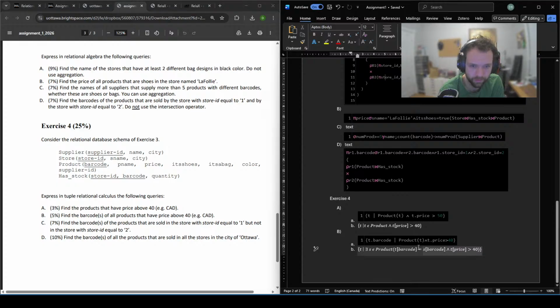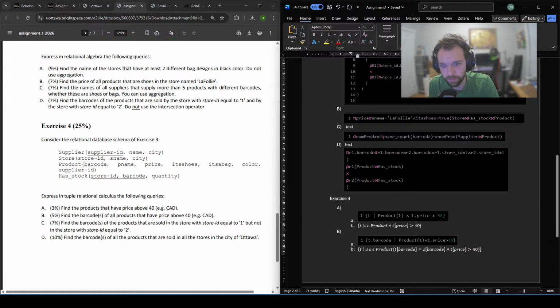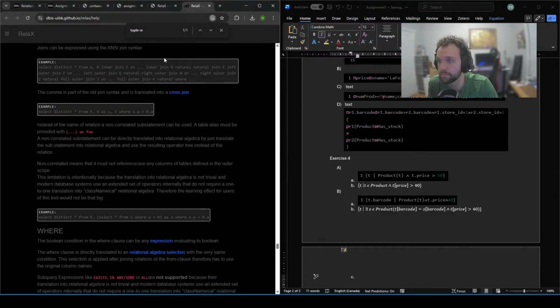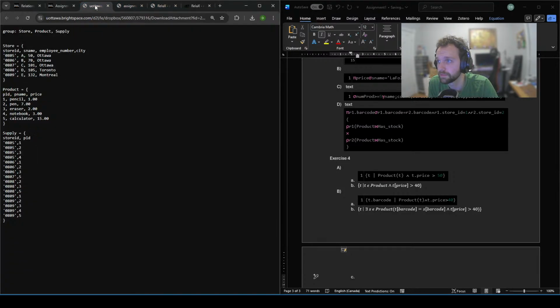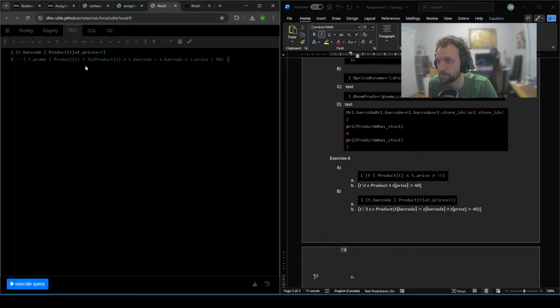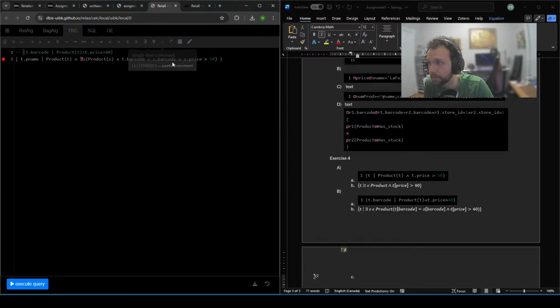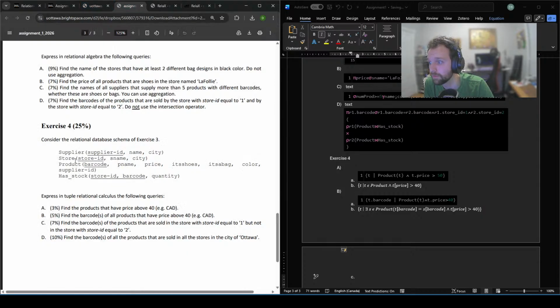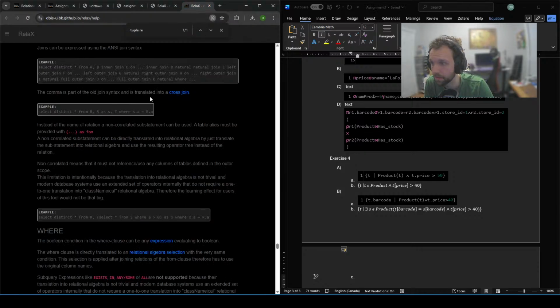This is essentially the same thing. We'll uncomment this, and we'll comment that. We're looking for barcodes of the products that are stored with the store ID, that but not that.